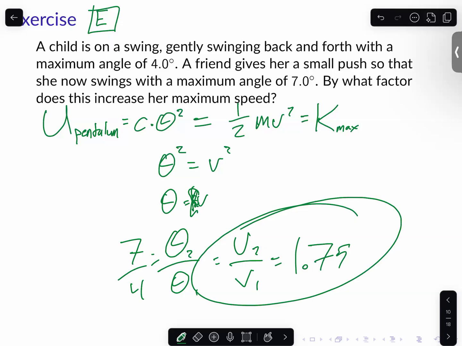If something theta squared equals something V squared, how theta changes is directly proportional to how V changes.